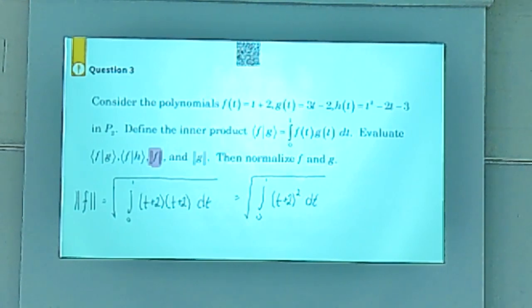Not du, dt. du is dt. That's nice. t plus 2 cubed over 3 would be your antiderivative.